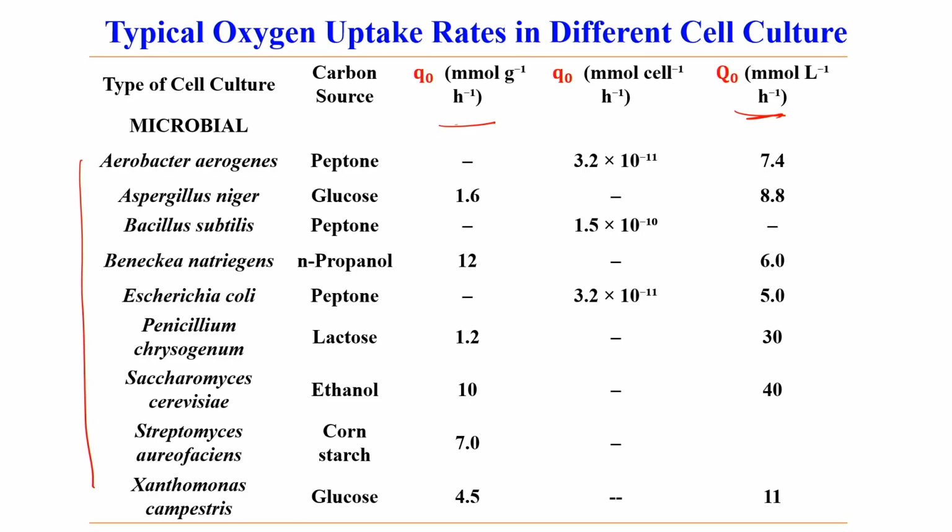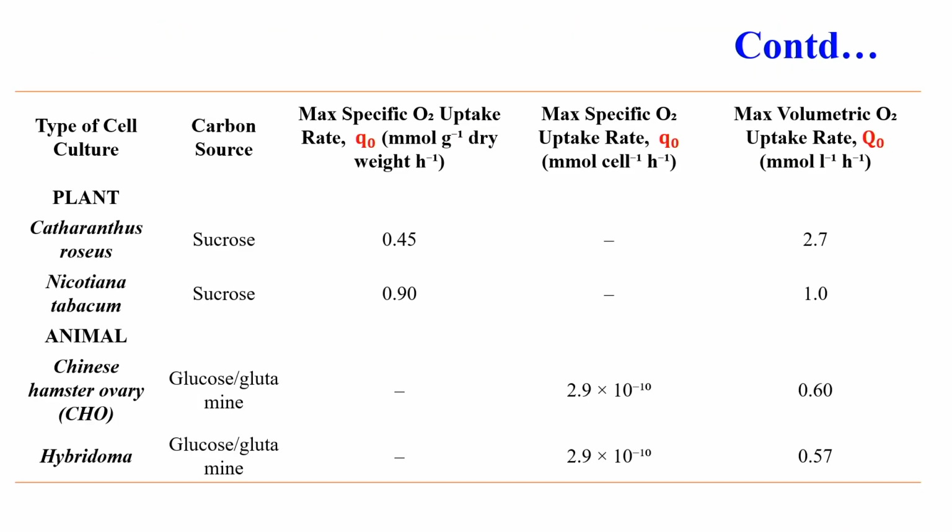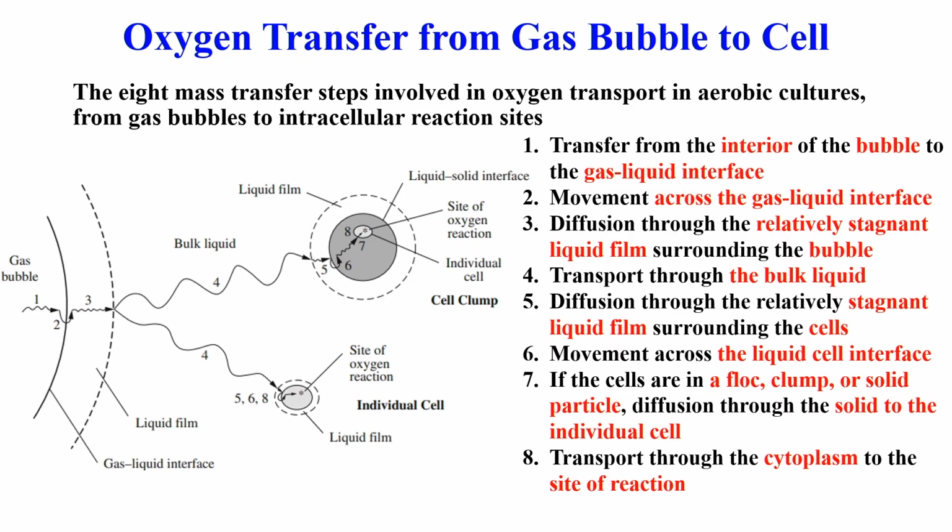Q naught value is given in millimole per gram and also millimole per unit cell, and the typical value of capital Q naught starts from 5 and goes up to 40 for Saccharomyces cerevisiae producing ethanol. But the Q naught value for plant and animal cells is much lesser than that of microbial cells.